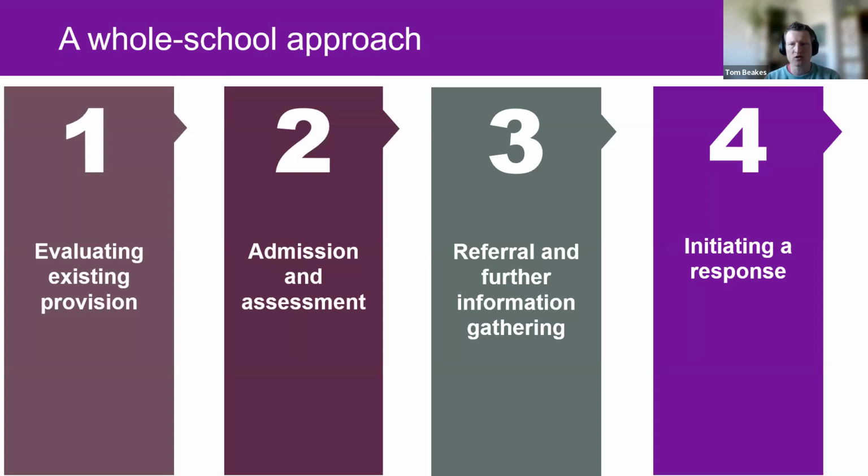And we can look at the processes for referring multilingual learners if staff feel they may have additional needs, and how to gather that information. And lastly, we can look at tools for helping initiate a graduated response, so a response that builds according to the need of the learner.